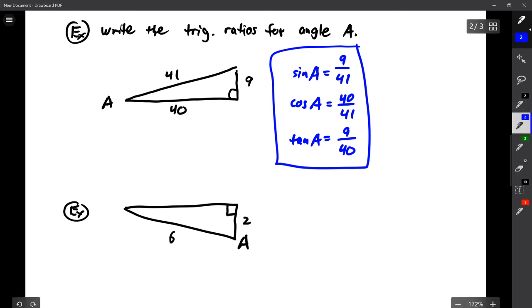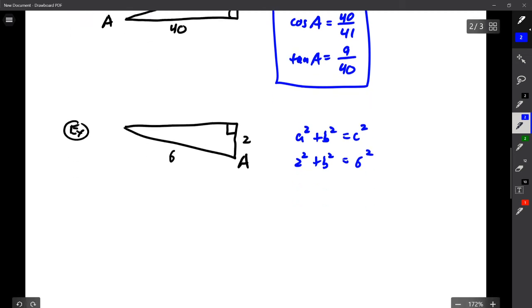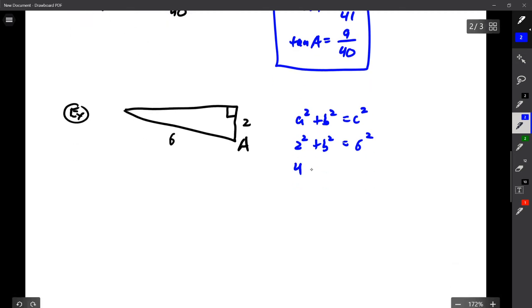Okay, so we don't know the length of the side opposite angle A. So we're going to have to use our Pythagorean theorem, and if a squared plus b squared equals c squared, then I can say that 2 squared plus b squared equals 6 squared, because 6 is opposite the right angle, so 6 must be c, the hypotenuse. And so then this is 4 plus b squared equals 36, or in other words, b squared equals 32.